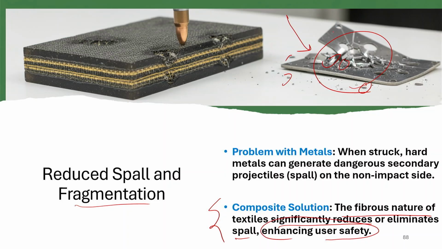Suppose the bullet hits some place, it has not penetrated, it has been reflected, but the secondary particles which are generated may cause damage in case of metal. In composite, the chances of that secondary damage are negligible, it basically does not happen. It is a soft fibrous material which absorbs the impact.